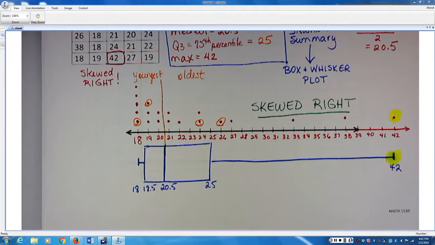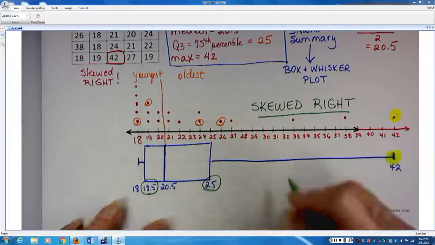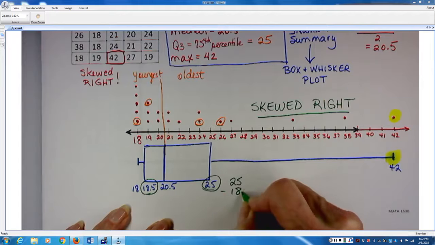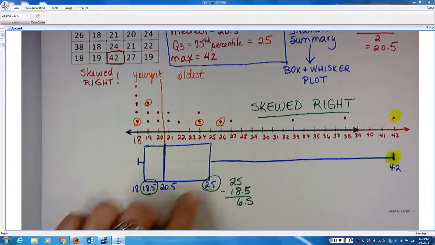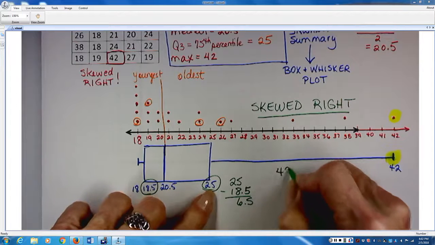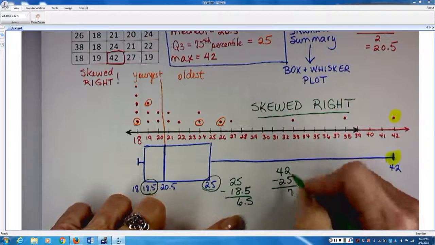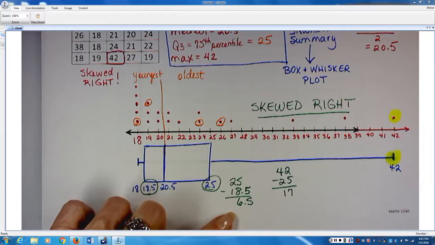Okay? The width of that box goes from 18 and a half to 25, which is 6.5 units wide. And from 25 to 42 is 17 units.